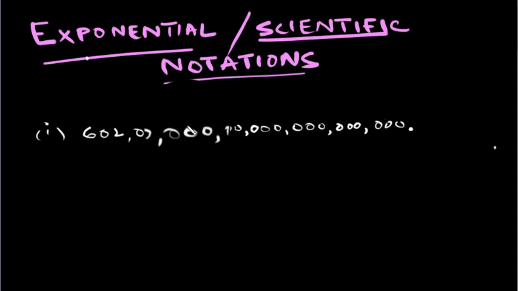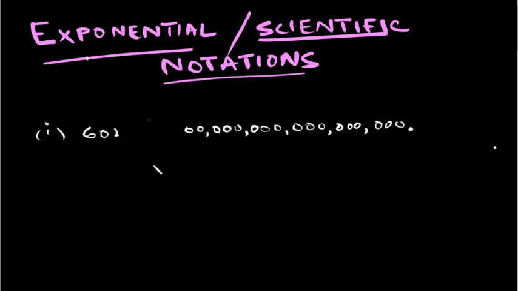So what scientists did was give us ease by providing a notation method called scientific notation. You can write this number in a much smarter way.